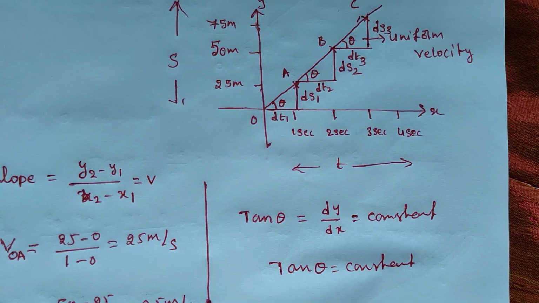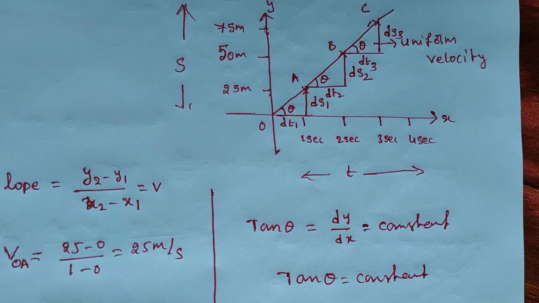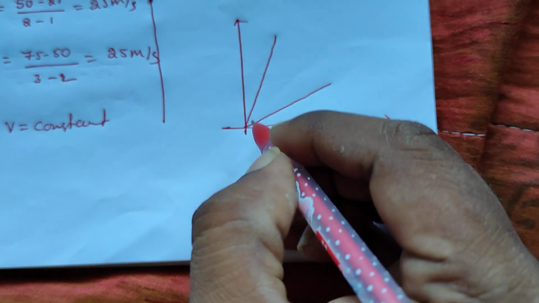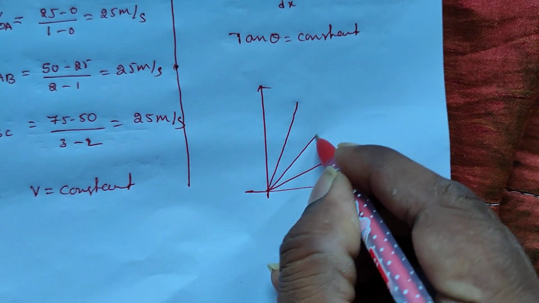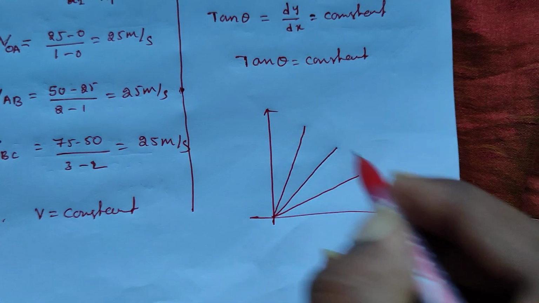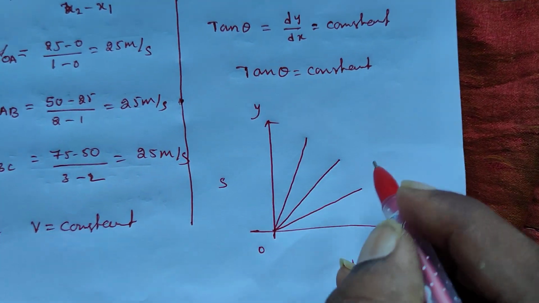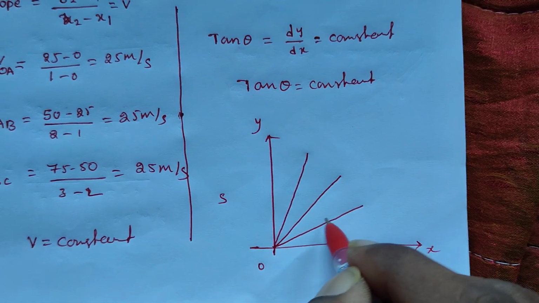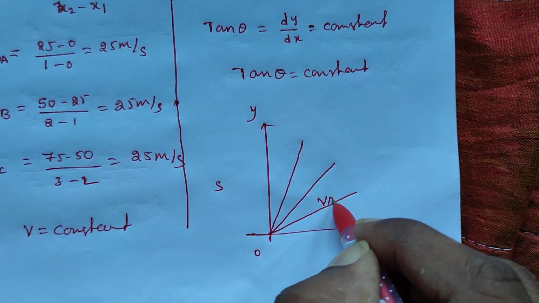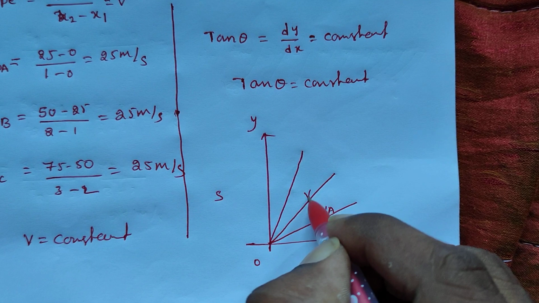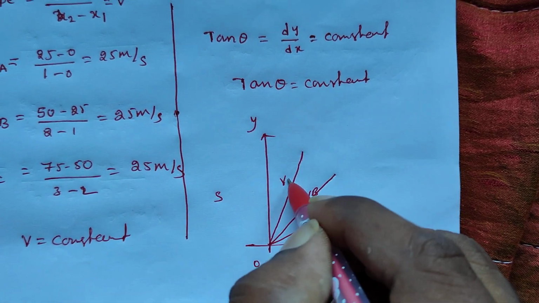So 3 slopes, x-axis, y-axis, 0, displacement time graph. Here 3 slopes are given: VA, VB, VC.